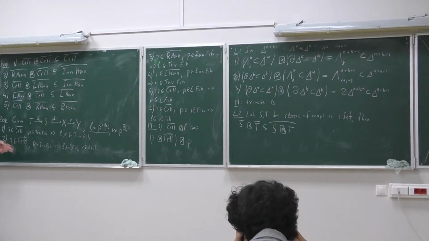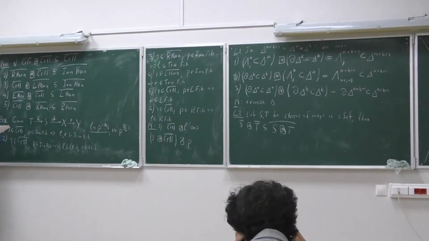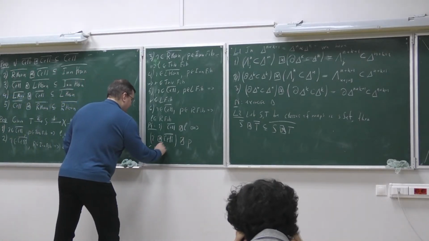Now, to prove that R is a trivial fibration, you do exactly the same, but you use the third statement from the adjunction. Instead of writing it like this, you just rewrite this. It will be a cell and then box join and then I. And again, R is the same.